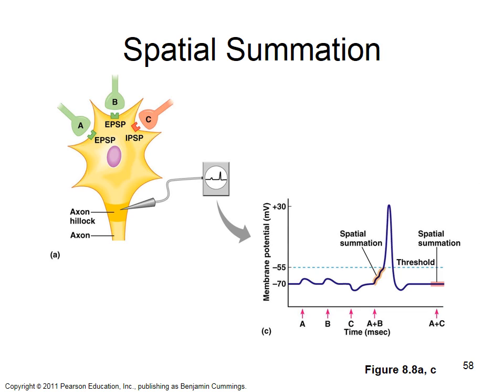You can also get spatial summation. Again, A and B are excitatory, C is inhibitory. If A and B fire at the same time, that sodium rushes in, diffuses to the axon hillock, brings it to threshold, and fires an action potential. Notice if A and C fire at the same time, C cancels out A, making it less likely that this neuron is going to fire an action potential.